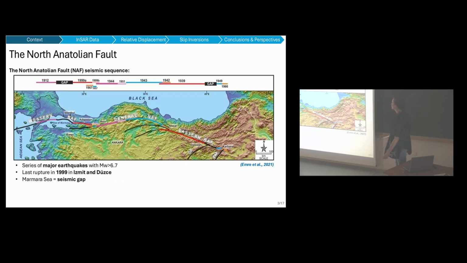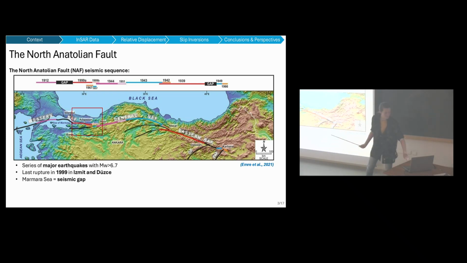And as Romain Jolivet explained yesterday, this fault is really famous because we have this propagation of main earthquakes with magnitude higher than 6.7 from the east to the west, with the Izmit segment here. But today we will focus on the two last events in 1999, Izmit and Düzce.